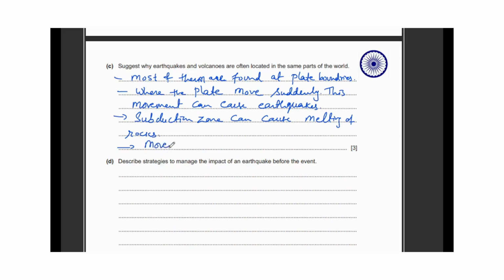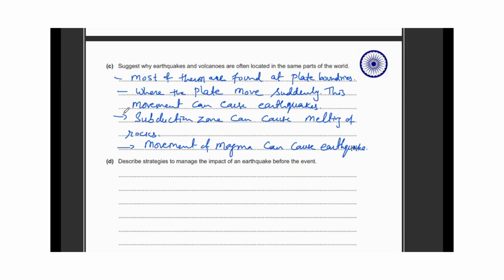So this is what rocks, movement of magma can cause earthquake. Okay, so we got 4 points. That's fine for the 3 marks question.